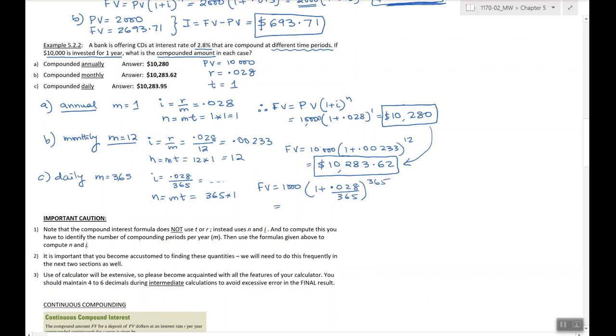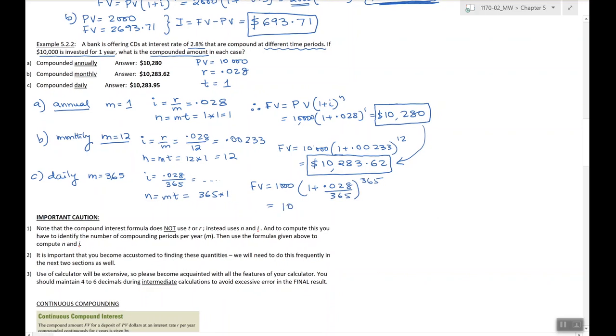So use your calculator carefully, and when you do that, you are going to get 10283.95. That's slightly more than compounding monthly.